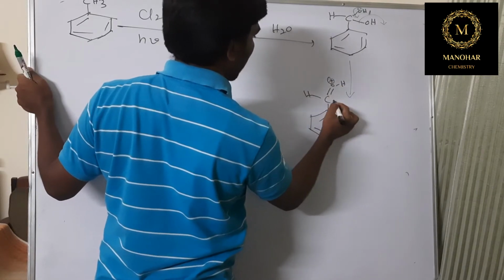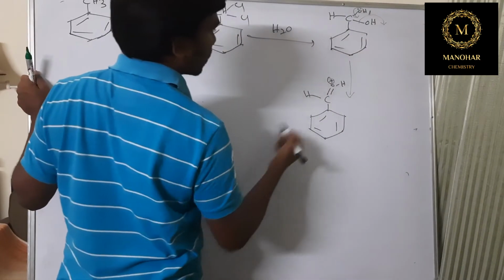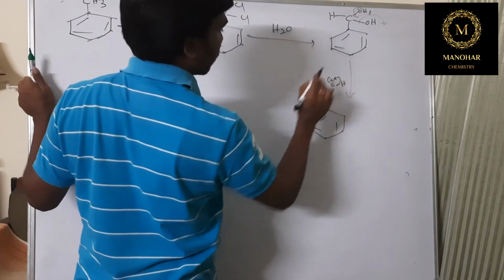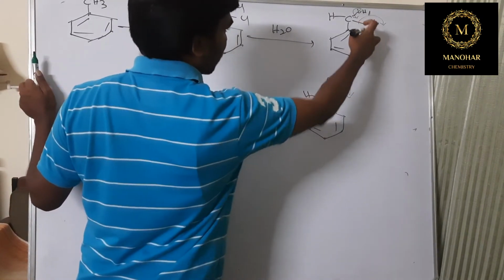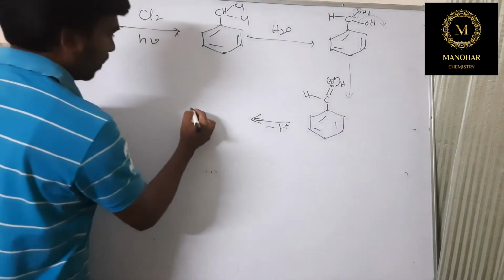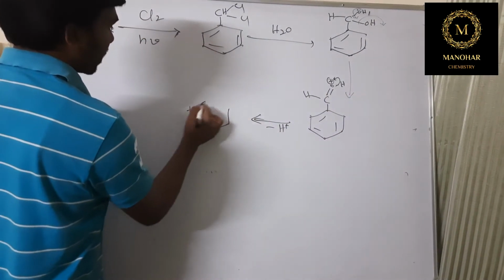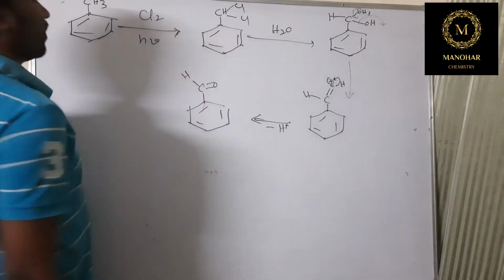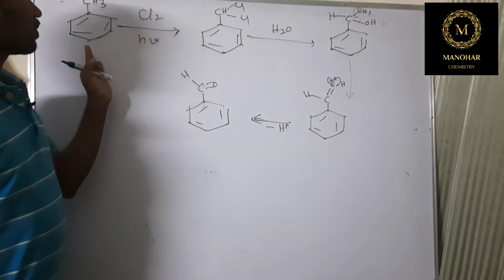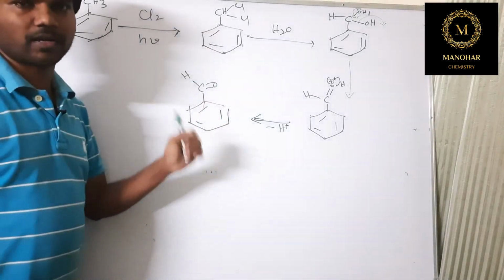After that this H also will eliminate, and this H plus and that OH minus will form a water molecule. The final product is benzaldehyde. So this is the method for the preparation of benzaldehyde: side chain halogenation followed by hydrolysis.